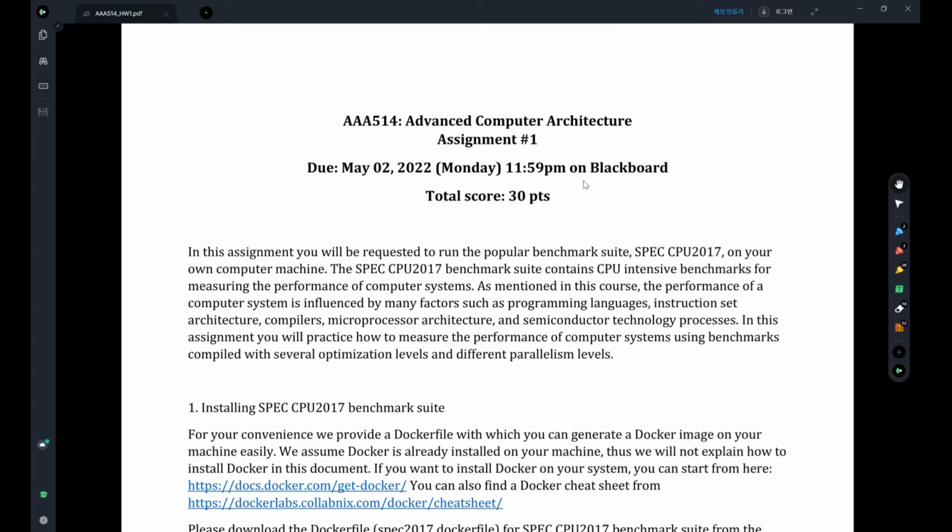That's fine. But you need to specify some hardware specifications of your computer system first, and then you can easily measure the execution time using the SPEC command. So you can easily compute the SPEC scores.